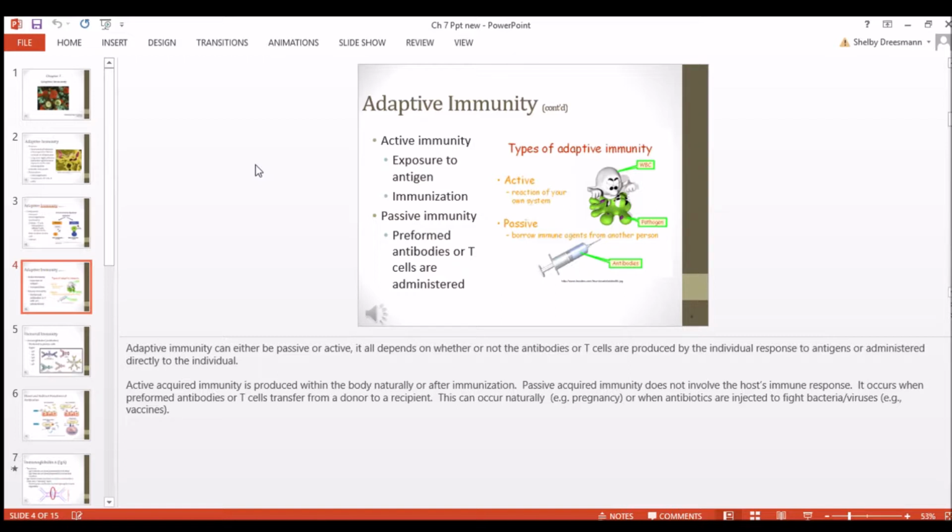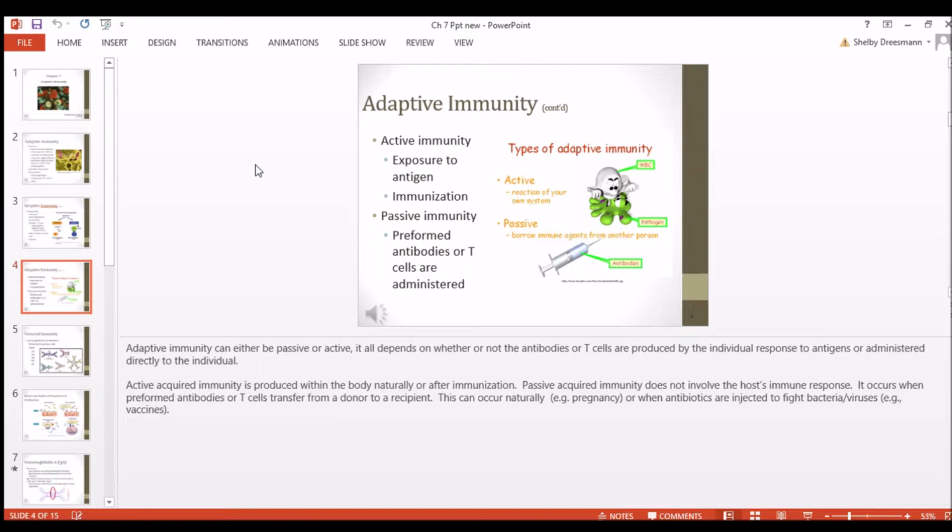Passive can be through the placenta in pregnancy. It can be through breast milk or RhoGAM shots. RhoGAM shots are a pure syringe of antibodies, so we're injecting those antibodies into us. They're not the same thing as vaccines.